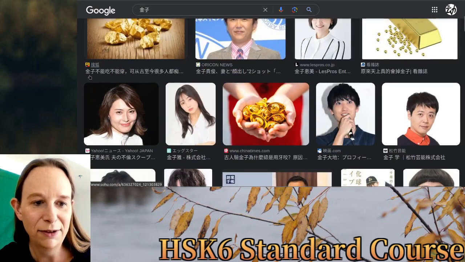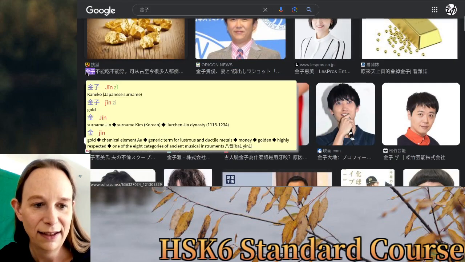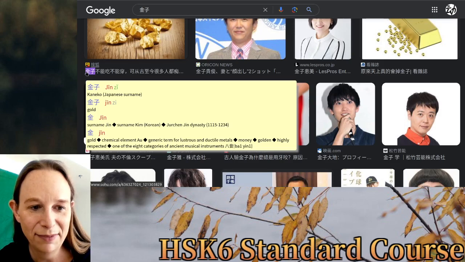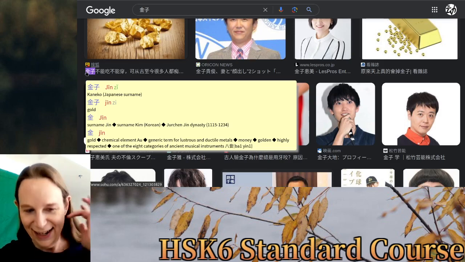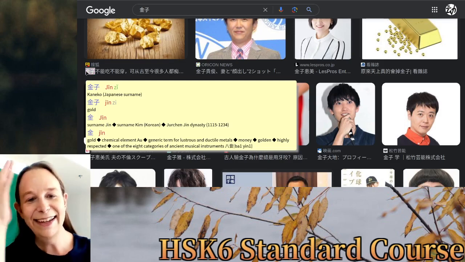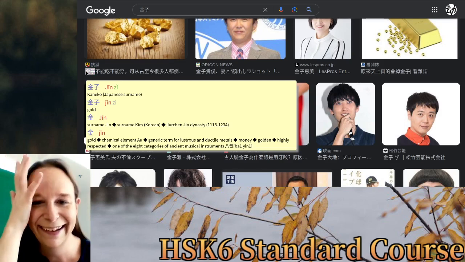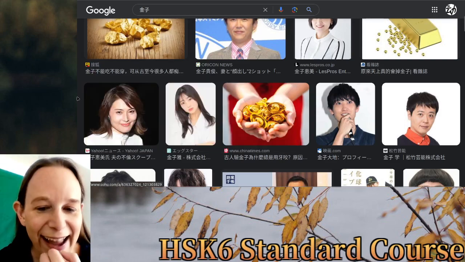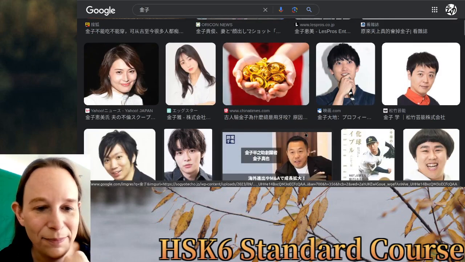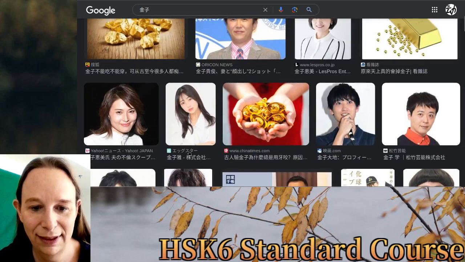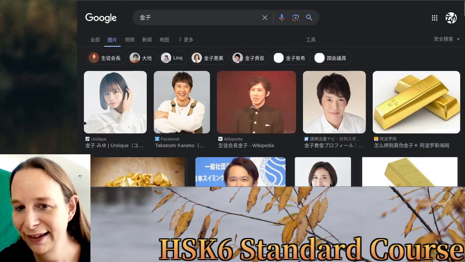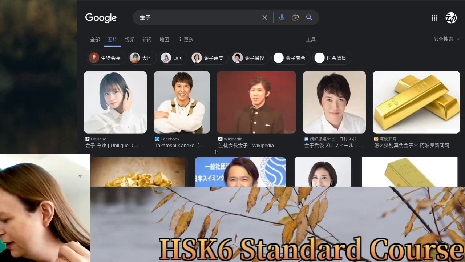This one, 金子, gold nugget, right? Oh, it's a Japanese surname. Okay. So not only do you get Jin in Korean, you also get 金子 in Japanese. But 金子, gold nugget. All right. I don't encounter that very often.